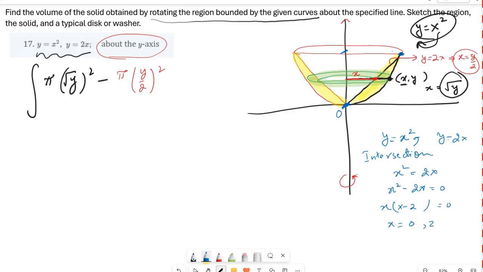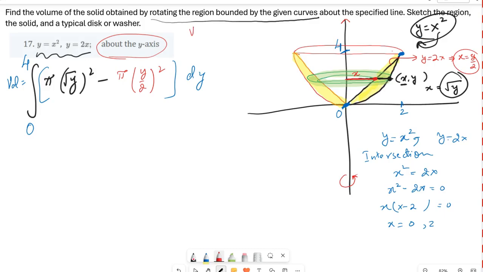So therefore this is 0 and this point here has x value 2. What is the y value? y will be equal to x squared, so that will be 4. So therefore we are integrating from 0 to 4 with respect to y. This is the volume of your shape.